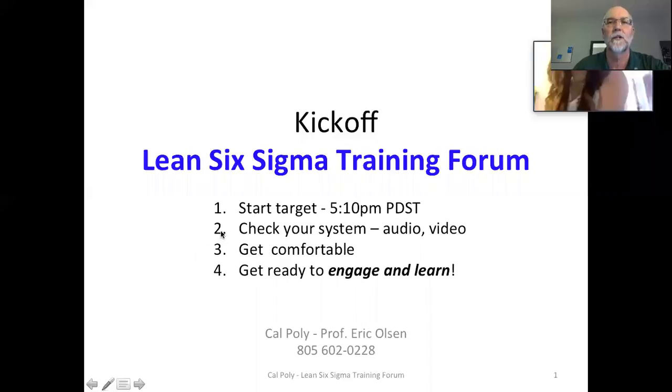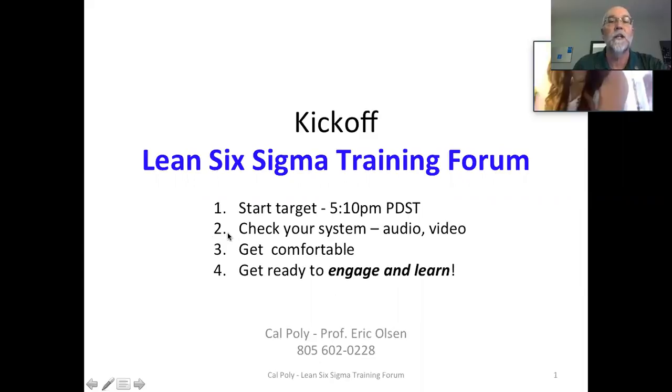and we're going to go through some slides that hopefully will get us started and going in the right direction. All right, so like I said, this is the Lean Six Sigma Training Forum. The reason I call it a forum is because we actually have three flavors of students in this class. I've got Greenbelt students from my IT 303 class at Cal Poly, so that's Greenbelt training.